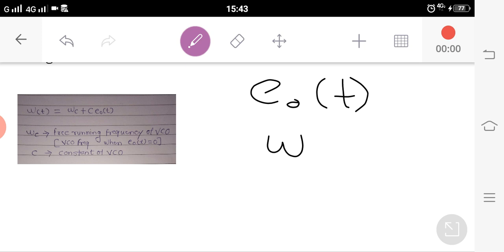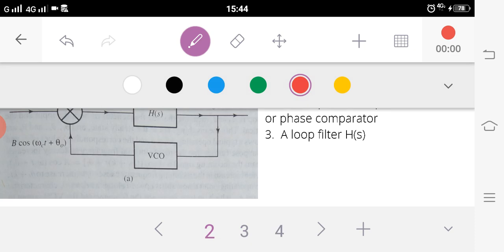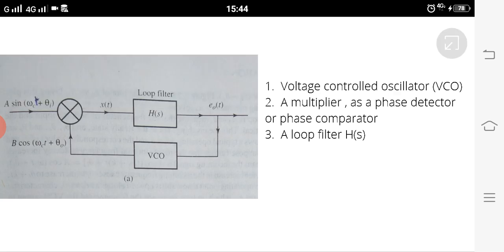The multiplier output is further low pass filtered by the loop filter, which we can observe in the block diagram of the phase lock loop, and then applied to the input of the VCO.